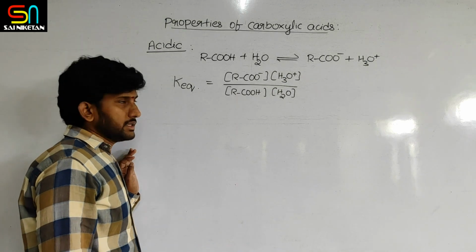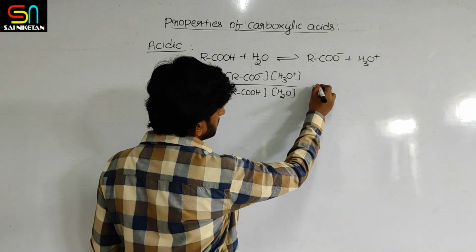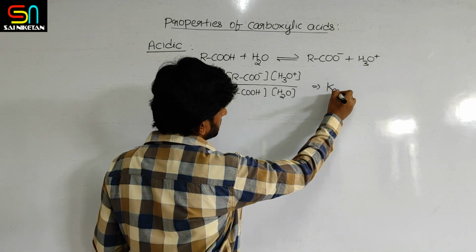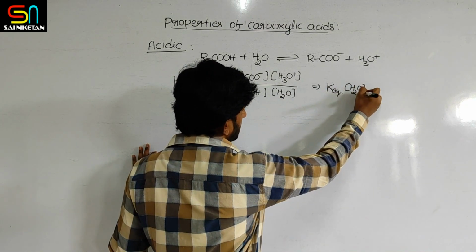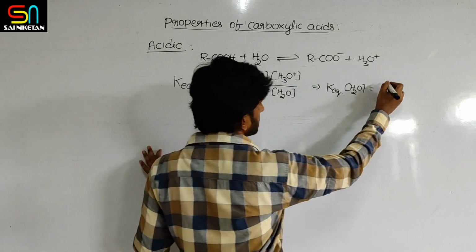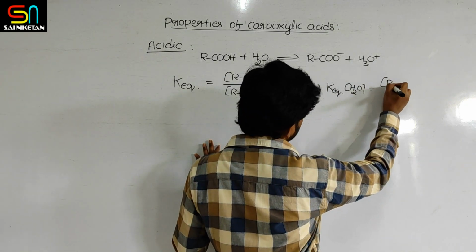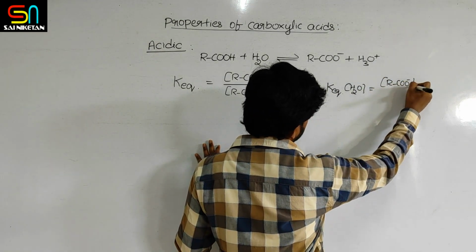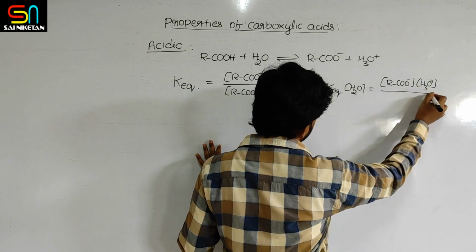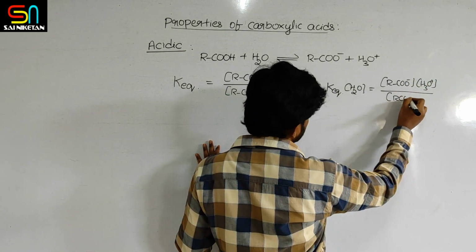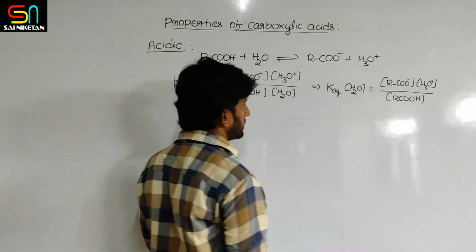You can also write this as K equilibrium into concentration of water is equal to this term, that is RCO minus H3O plus concentration divided by RCOOH.